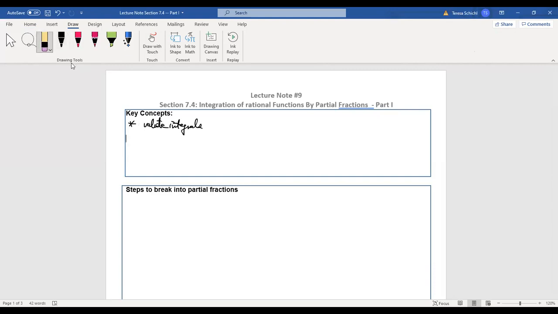Let me write this here. Evaluate the integrals, and these integrals contain rational functions. Then we're going to introduce the partial fraction.